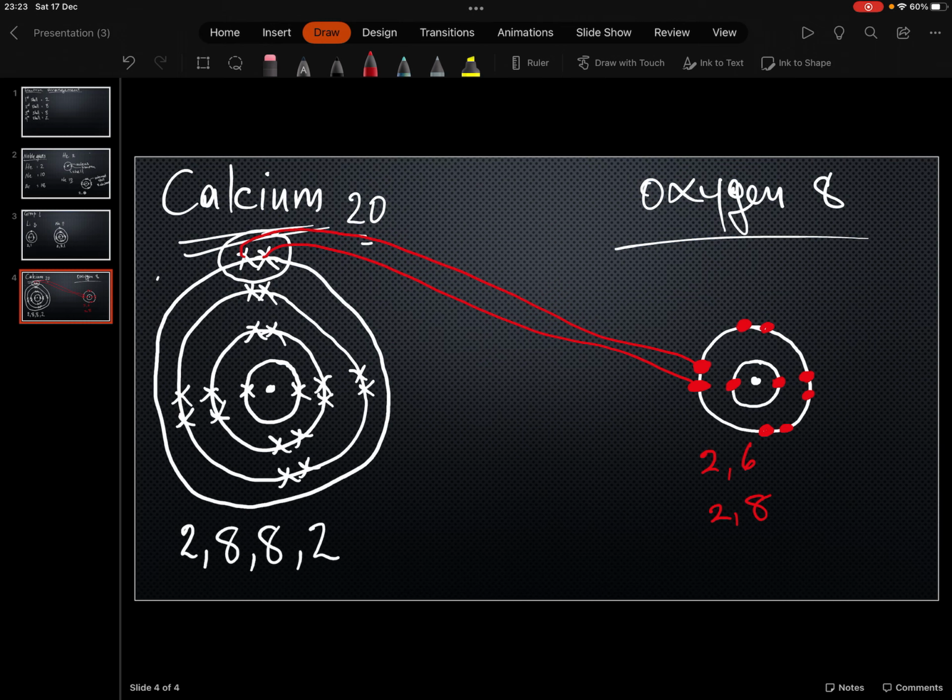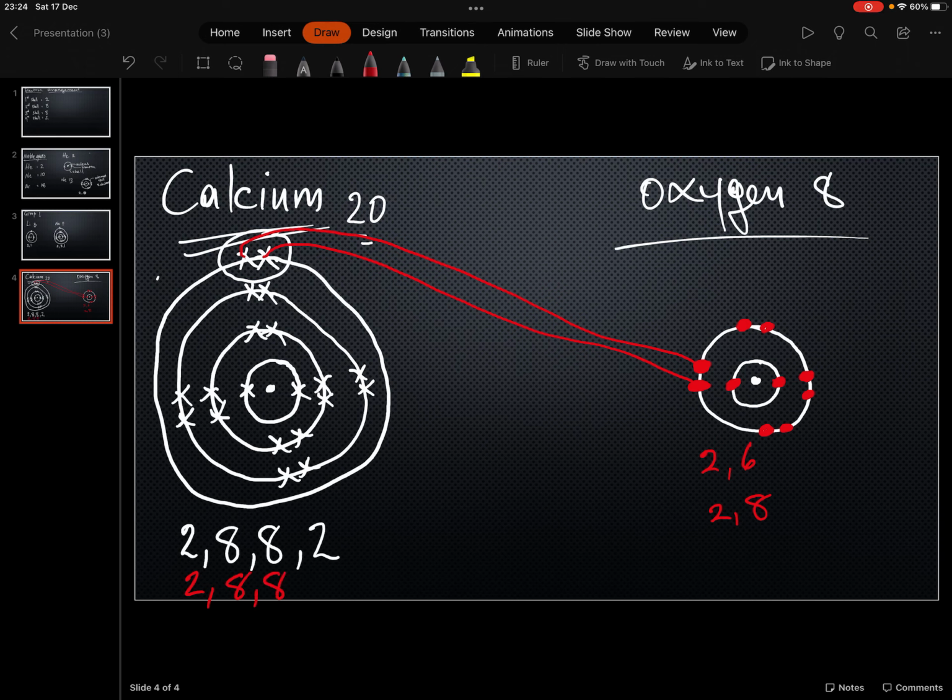Over here, calcium forms a positive ion. Calcium has given away the 2 electrons in its outer shell. Now it has a new electron arrangement, which is 2, 8, 8.